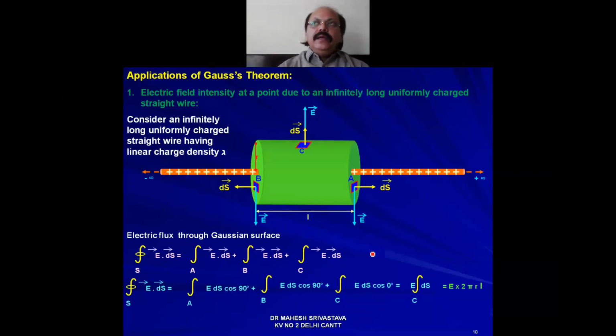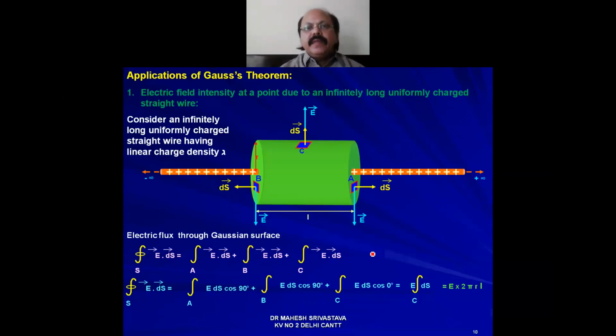For understanding these applications, you must remember, first of all, you have to choose a Gaussian surface, and after that you calculate the electric flux through the Gaussian surface.